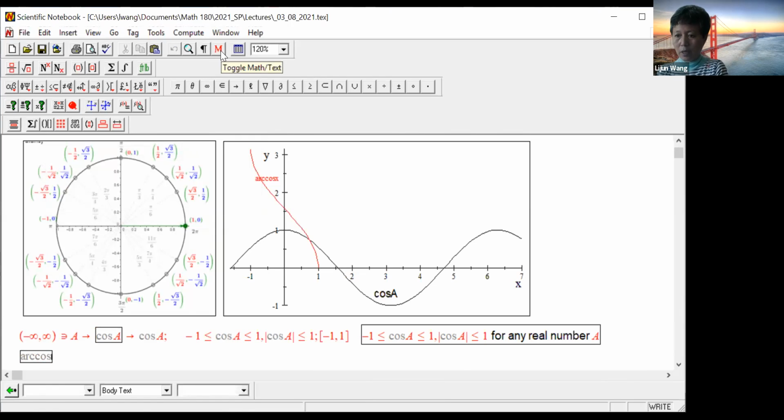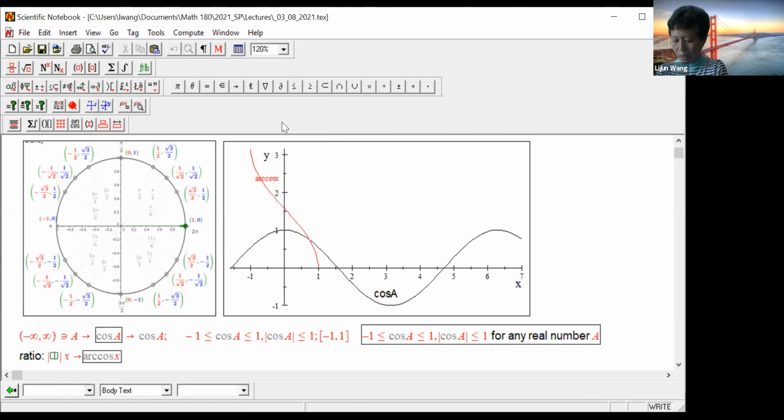Arc cosine as a function. What kind of quantity is taken as input? The input is a ratio. So whatever number you give it will be treated as a ratio, and that ratio will be checked. This ratio has to be between -1 and +1.